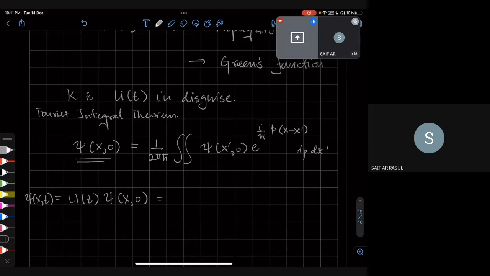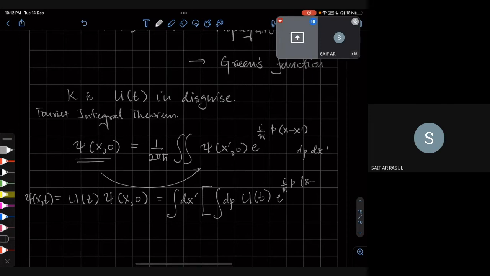But here, what we can do is take u inside the bracket, and then we have an integral over dx prime, and inside we have an integral over dp, and then we have u of t, and then we have e to the i by h bar p (x minus x prime), and I close the integral, and then I put psi of x prime of 0 dx prime, right?